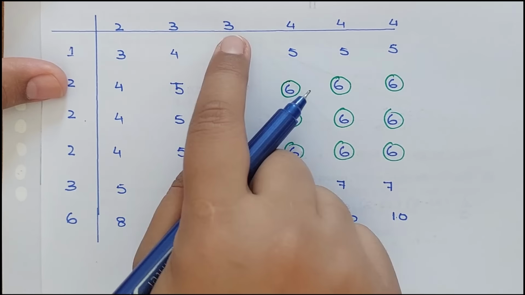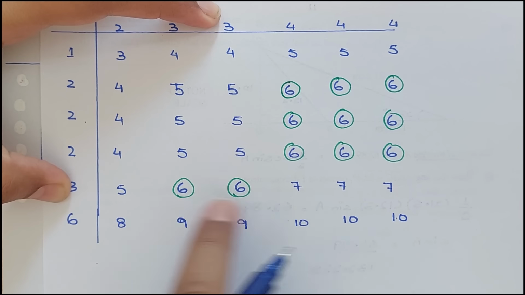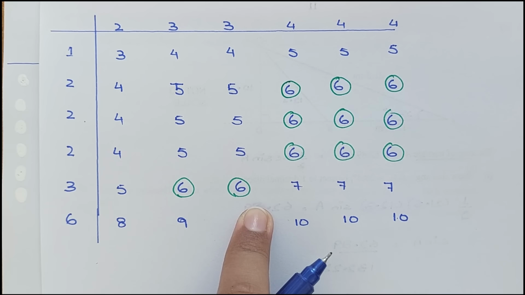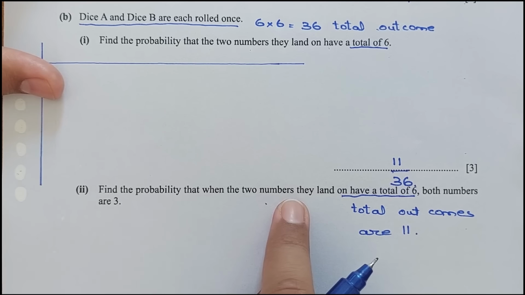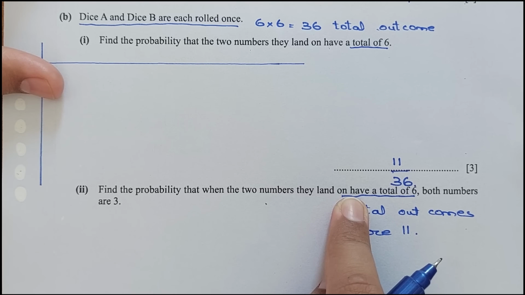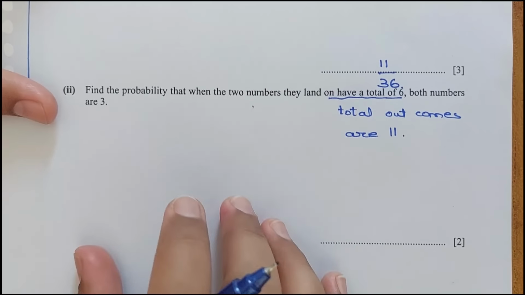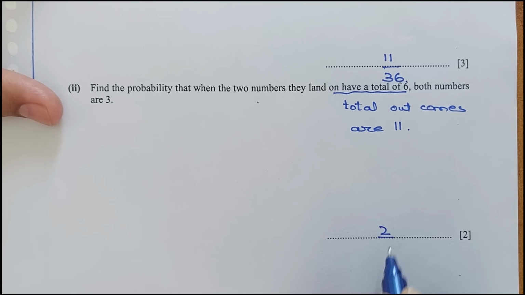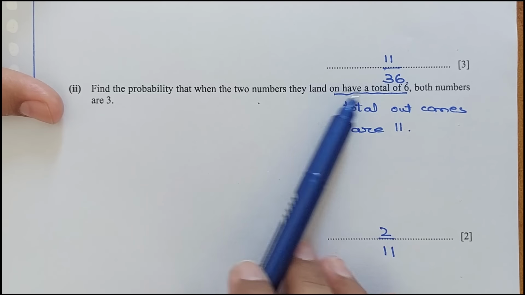For 3 and 3, we can check: 3 and 3, 3 and 3. So only 2 are possible when both numbers are 3 and they add up to 6. So there are only 2 possibilities out of 11 possibilities.